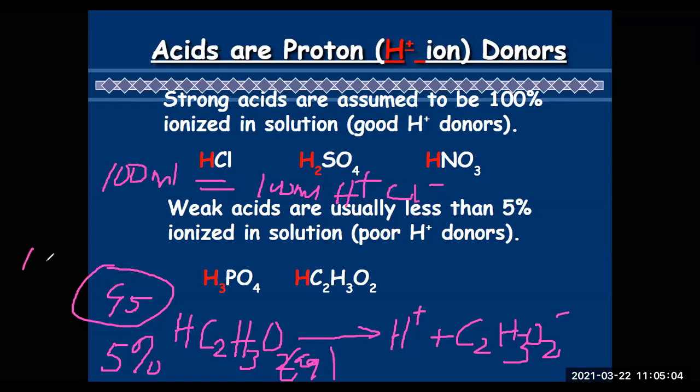So if you have 100 ml of this in solution, only 5% will be ionized here. The remaining 95% will still be together as ethanoic acid. That is what we mean by weak acid and strong acid. 100% ionized and 5% ionized. Is that clear? So these are the weak acids that we have in the lab.